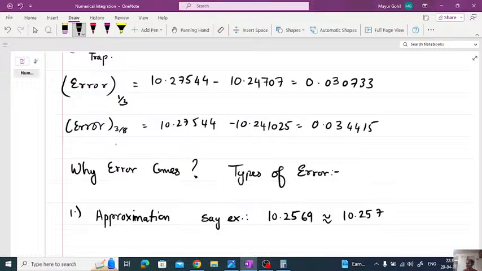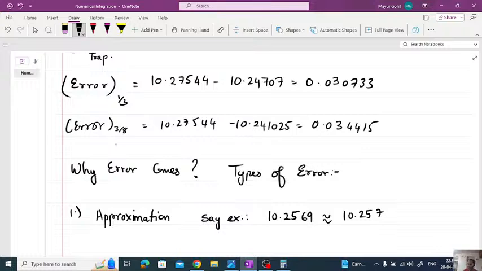Though mathematically it might appear that they are almost equivalent, an error has happened. This is an error you are bound to get. Small minor information is lost.